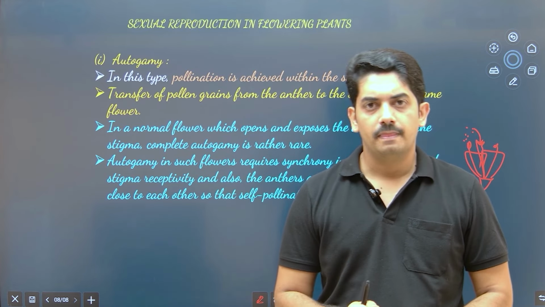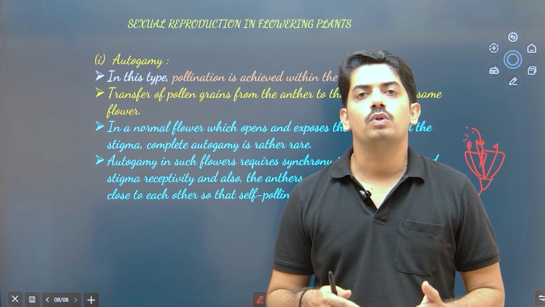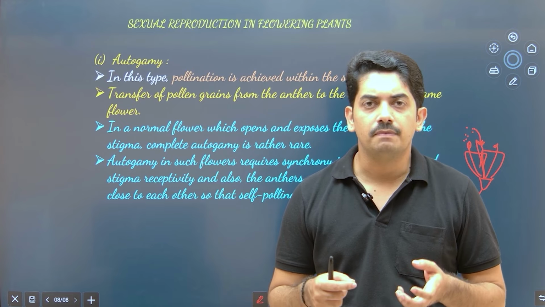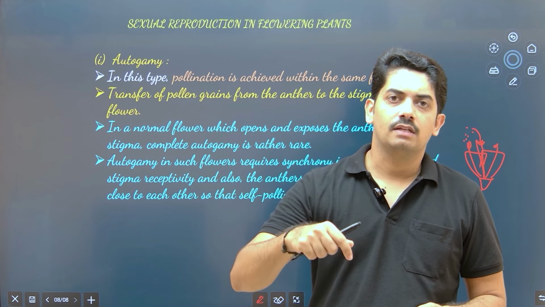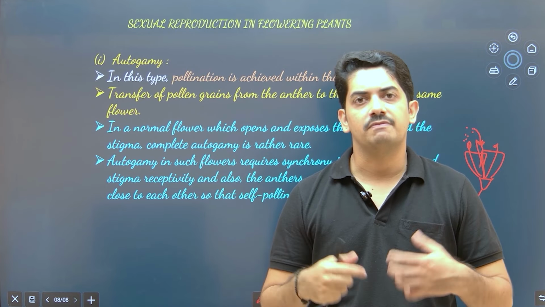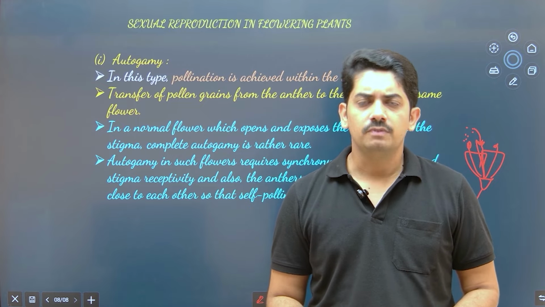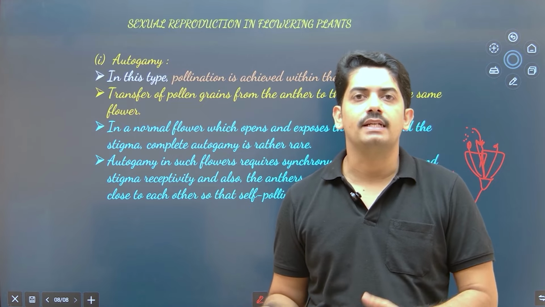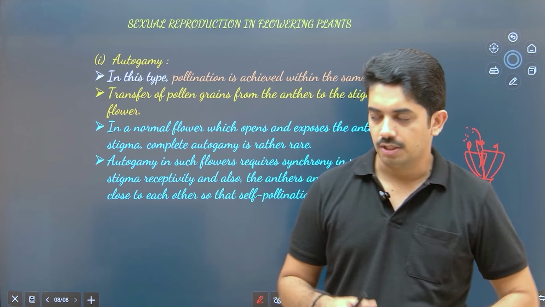Now observe what happens continuously when the pollen grain of the same flower falls on the stigmatic surface and pollination and fertilization take place. The produced offsprings are exactly similar to their parents. There is very little chance that they will have variation.